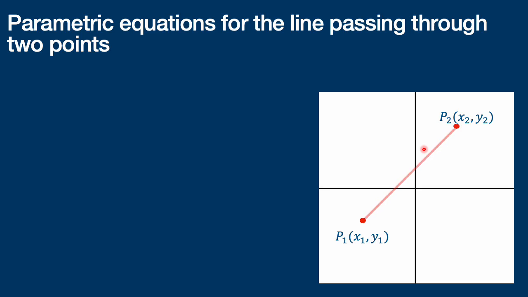So you're going to draw the line. We want to find the line from P1 to P2 by using a parametric equation, not the rectangular equation. The rectangular equation is y equal mx plus b. That's the line equation, right? But we're going to use a parametric equation to represent this line.